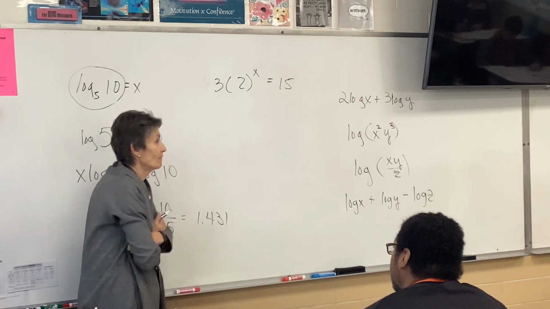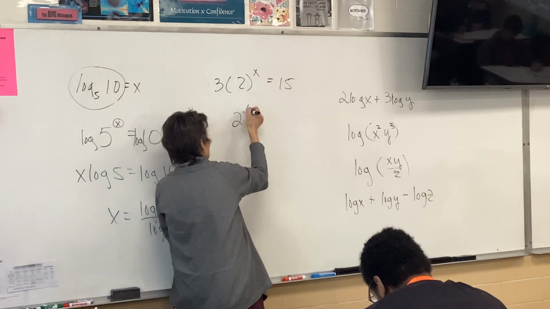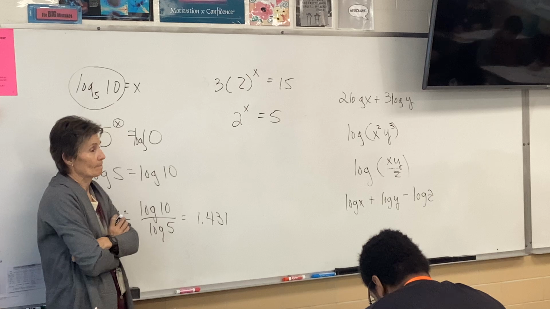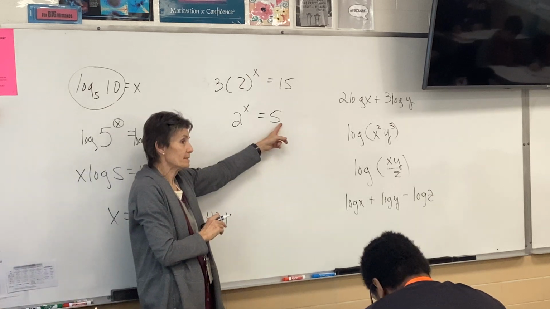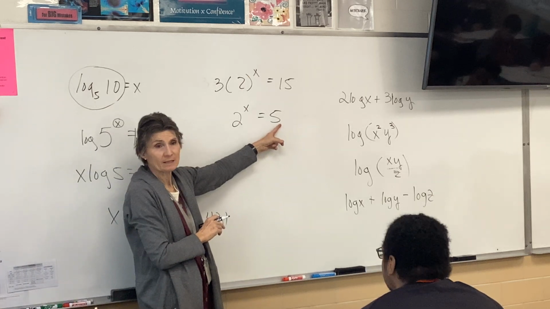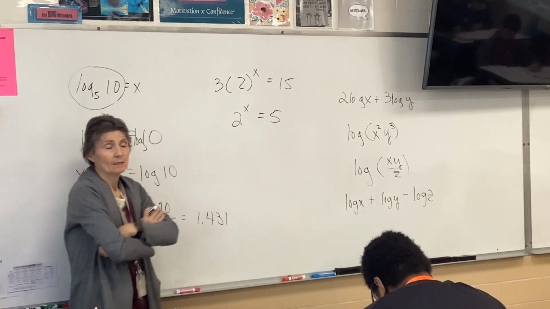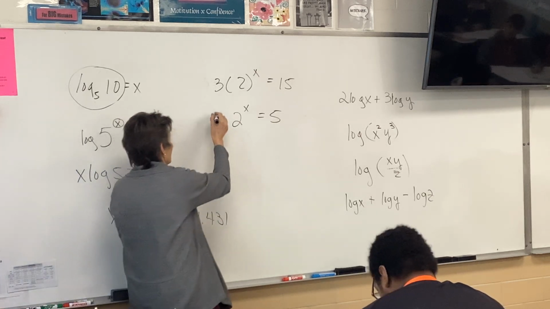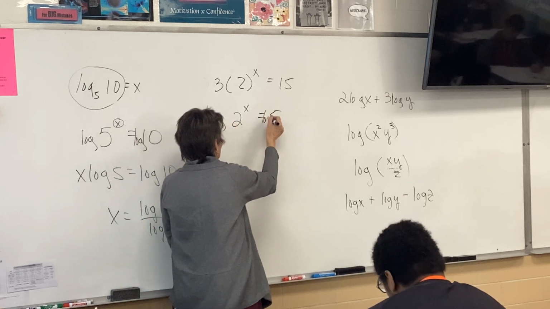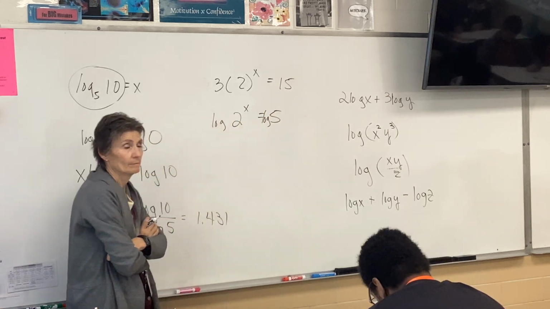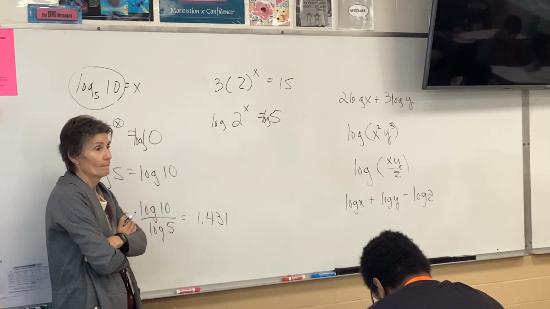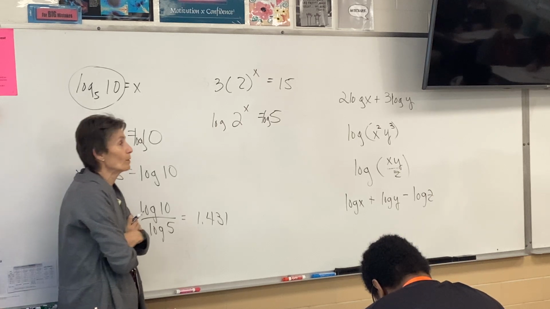Divide by 3. Divide by 3. You always got to get rid of that number. If this were an 8, life would be perfect. It's not. So what am I going to have to do? Now what? Bring the x out.